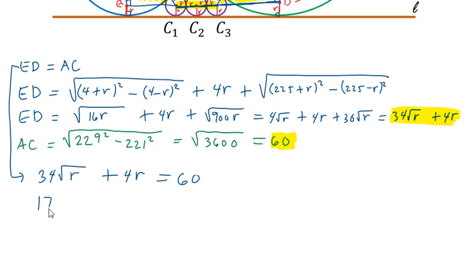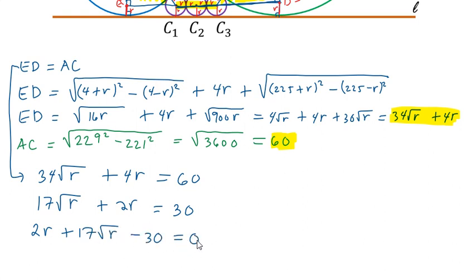So we have 17 square root of r plus 2 times r equals 30. Now let's gather all terms in the left hand side, and let's have 2r plus 17 square root of r minus 30 equals 0. Now take note that we can write r as the square root of r squared, and then we have plus 17 square root of r minus 30 equals 0.